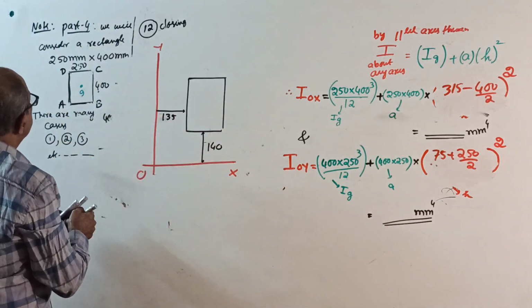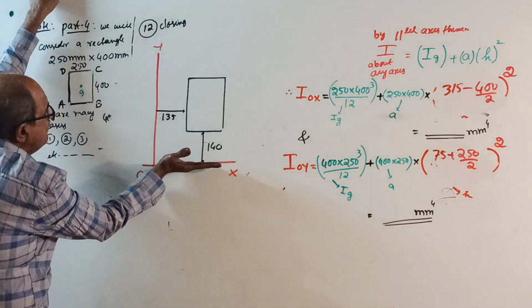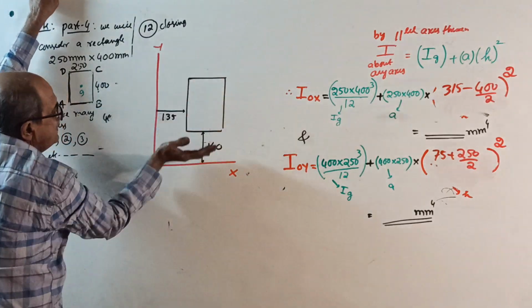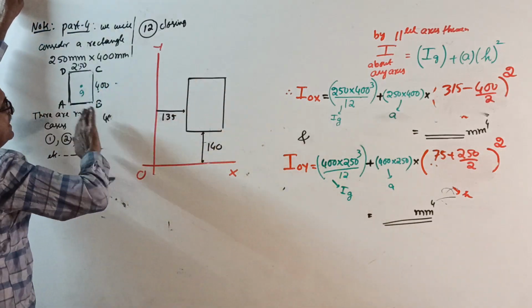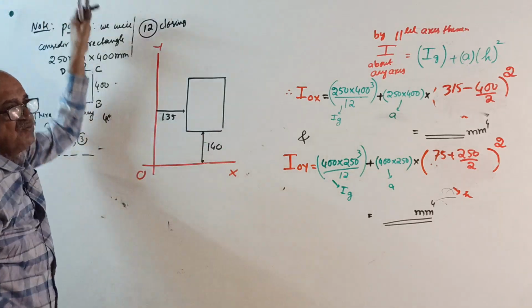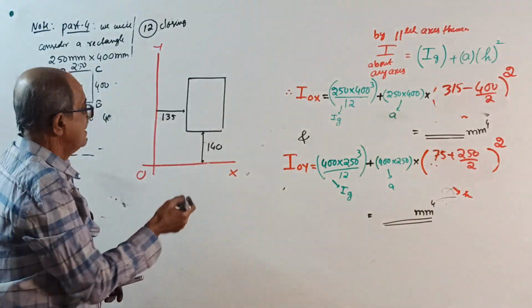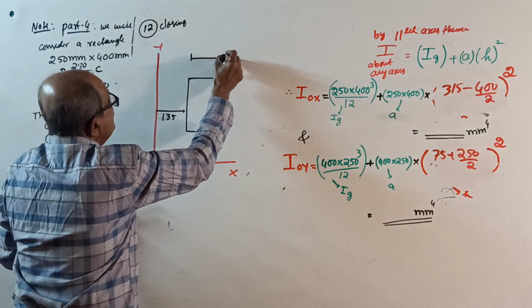The rectangle is placed 140 mm above OX, so the rectangle starts at 140 above, and it is placed 135 to the right, as shown in the figure. Once again, this is the easiest one.